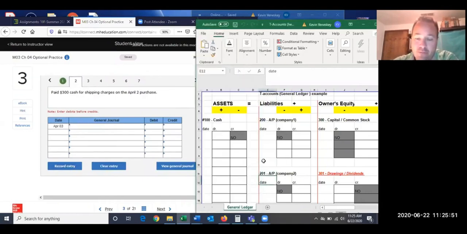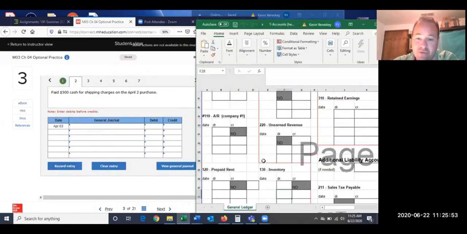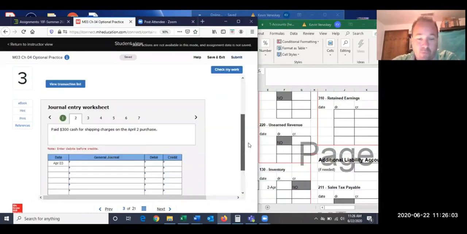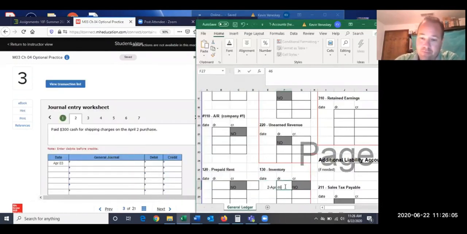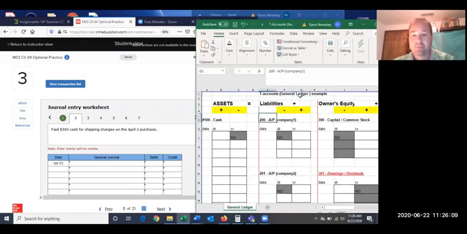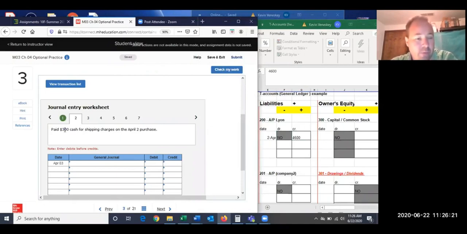So I come over here in my merchandise inventory for April the 2nd, $4,600. And we had an account payable to the Lion Company, $4,600.